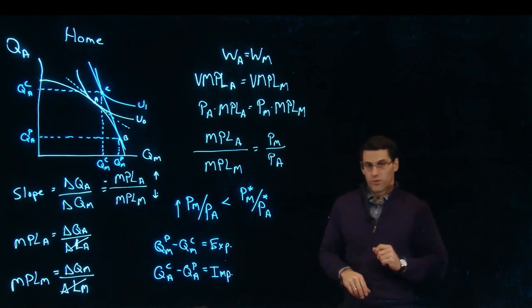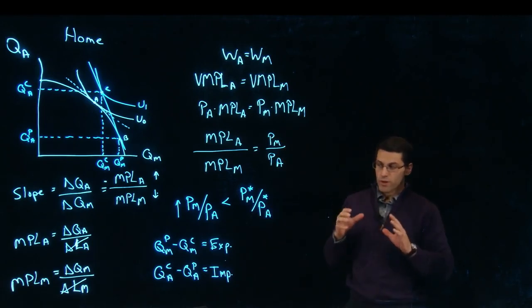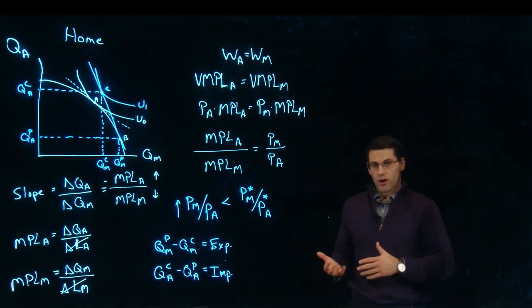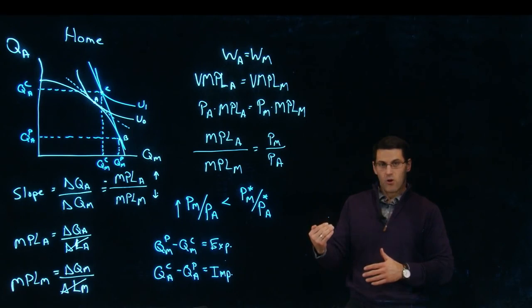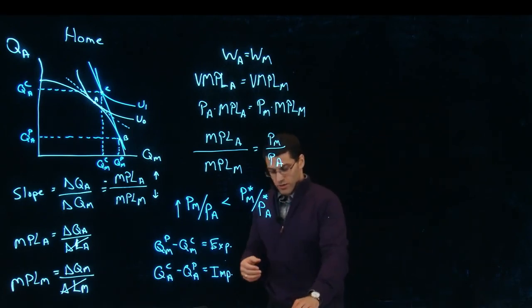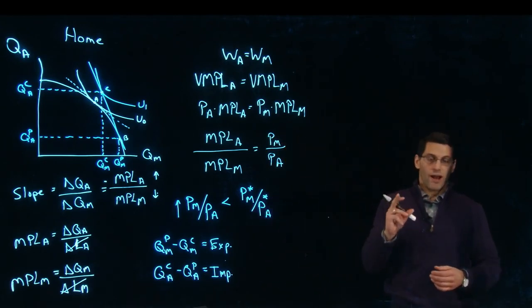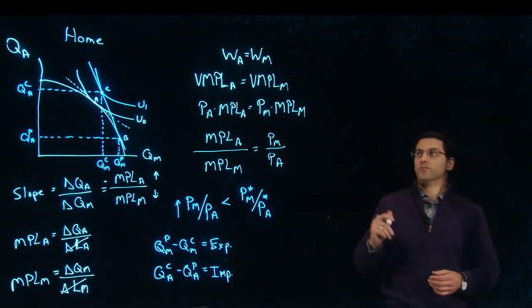What's the other thing we can do with this model? Well, now, because we're talking about 3 factors of production, unlike the Ricardian model, we can sit down and look at how the different factors fare when we open up to trade. So let's start off with labor. We're going to introduce a new graph for this analysis.